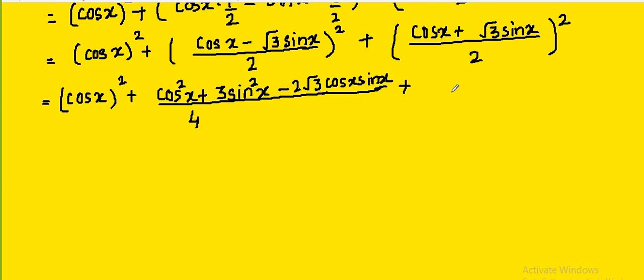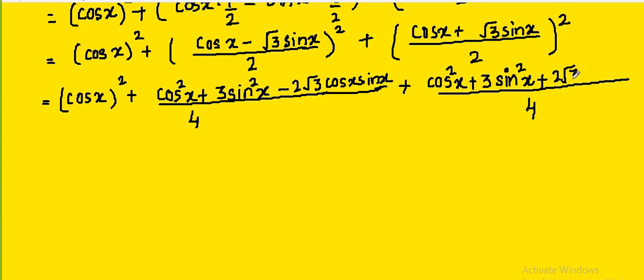Similarly here also in denominator we will be having 4 and in numerator we will open by the identity a plus b whole square. So it is cos square x plus 3 sin square x. Now root 3 sin x whole square is 3 sin square x. Root 3 whole square is 3 and sin x whole square is sin square x, plus 2 root 3 sin x cos x.